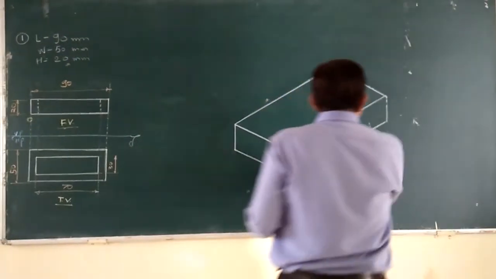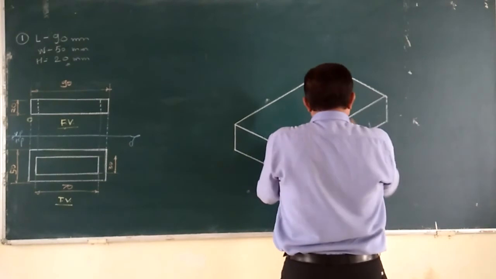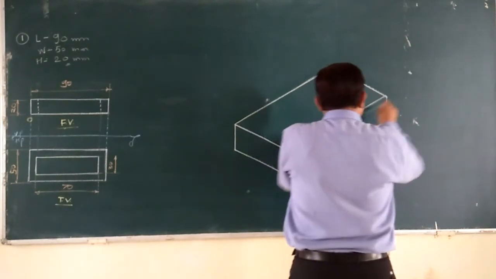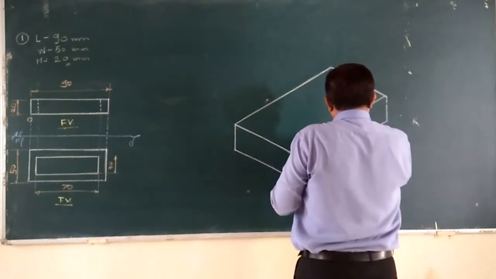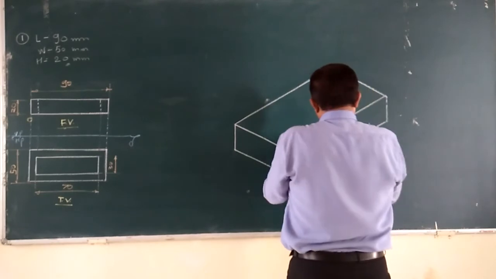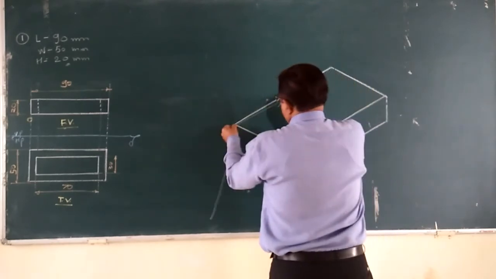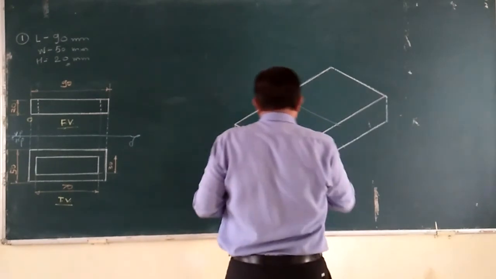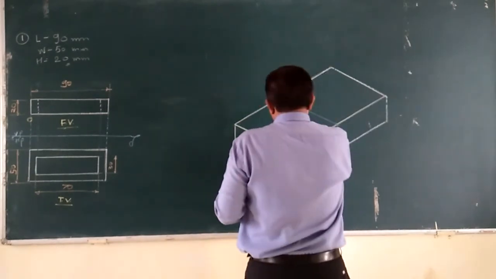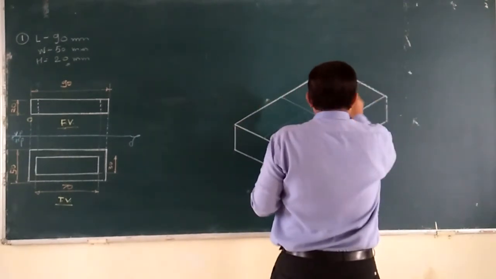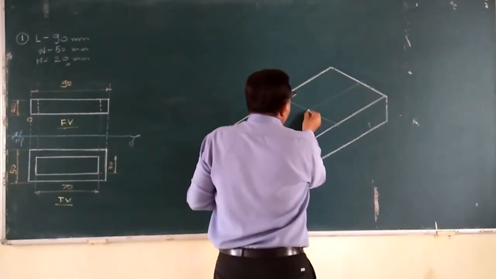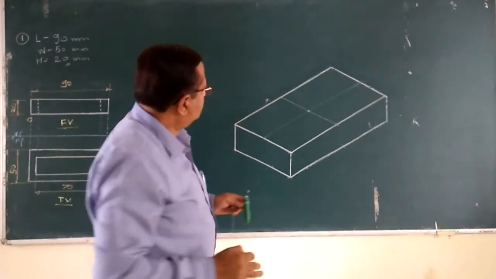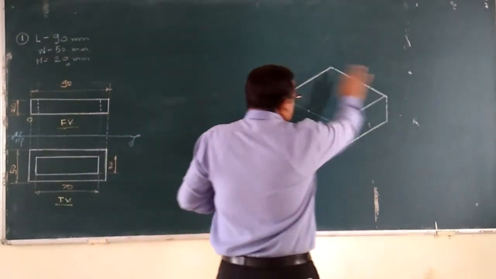Similarly, length also you have to mark. Midpoints of length and width you have to connect. So this is the point of intersection of both the center lines, which are drawn on the top surface.